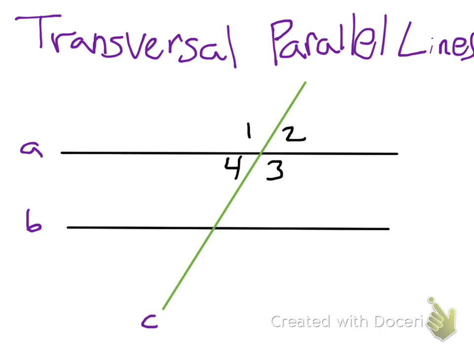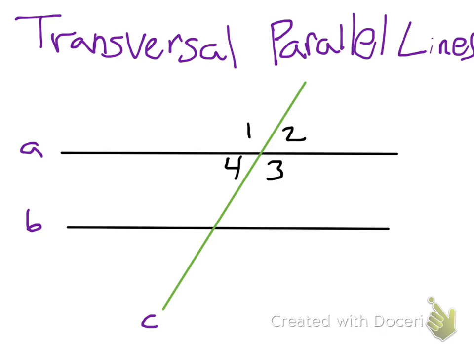And in this case, I have several pairs of supplementary angles. As an example, I have angle 1 and 2 are supplementary. You add those together and they are going to equal 180 degrees. I also could do angles 2 and 3, or angles 3 and 4, or angles 1 and 4. All of those are supplementary angles, angles that add up to equal 180 degrees.